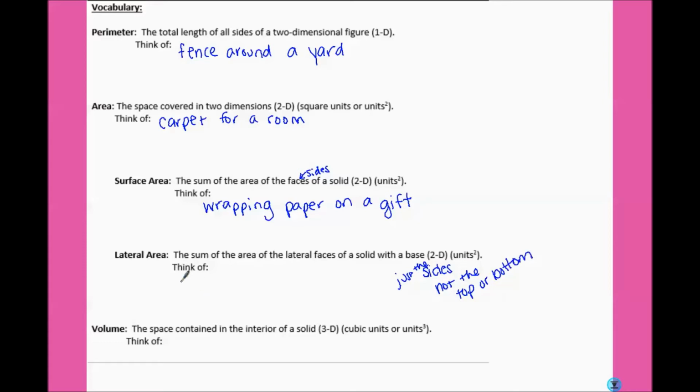So this would be like the label on a can. And volume is the space contained in the interior of a solid. So this would be like filling up a pool, or how much liquid is in a water bottle, or how much food can a certain container hold.